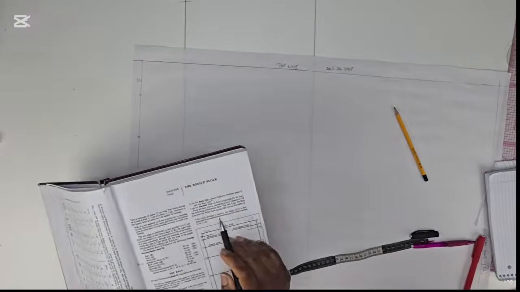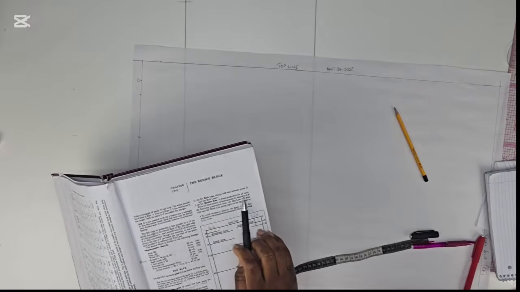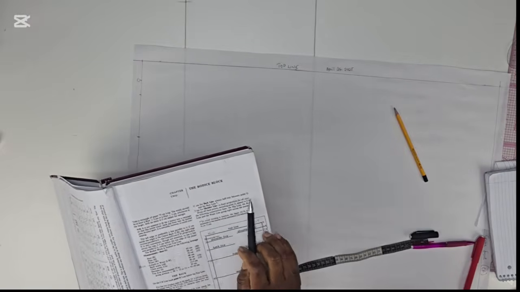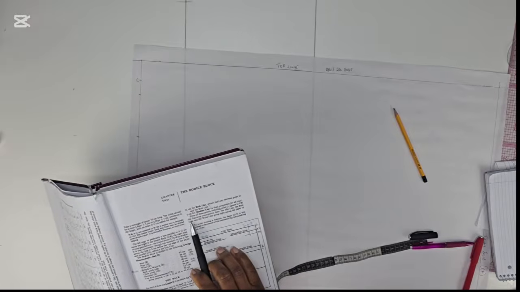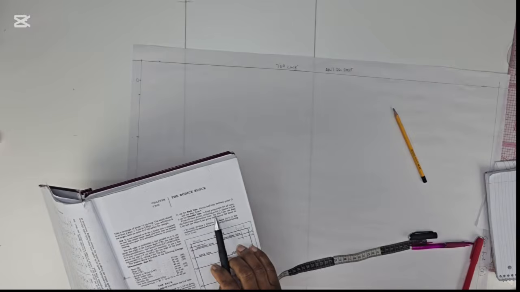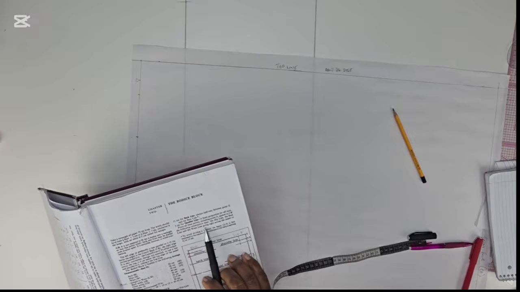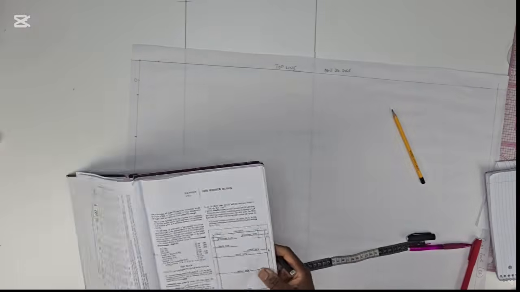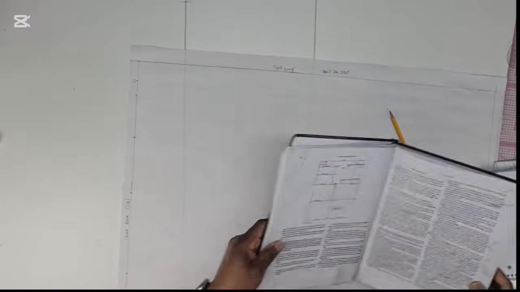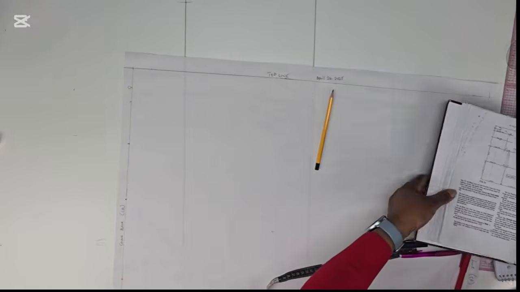So it now went further to say, from all these points, including point O, square to center back the following construction lines: the hip line, the bust line, the waistline, going right across the paper to the center front. Okay, I'm trying to follow it in order. That's why I'm following the instruction like that. So we're going to square across all these lines to the center front.